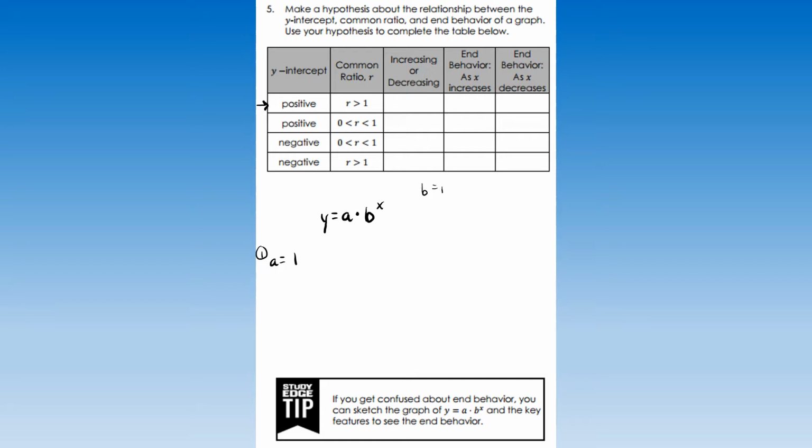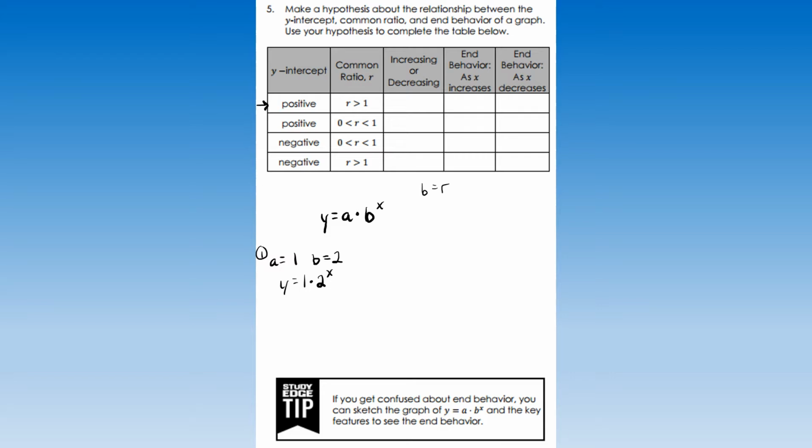So r is the same thing as b, saying b is a number more than 1. So for this one, a is 1 and b from our example we'll say is 2. So that would give us the equation y equals 1 times 2 to the x power. And this was the first graph that we did, y equals 2 to the x.